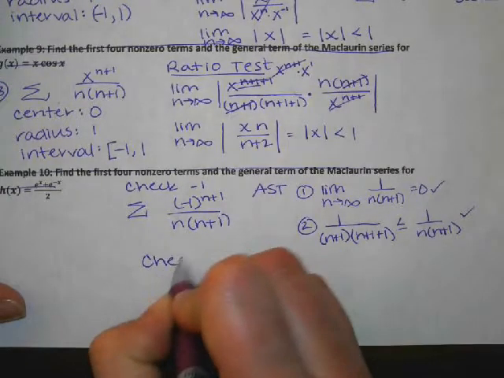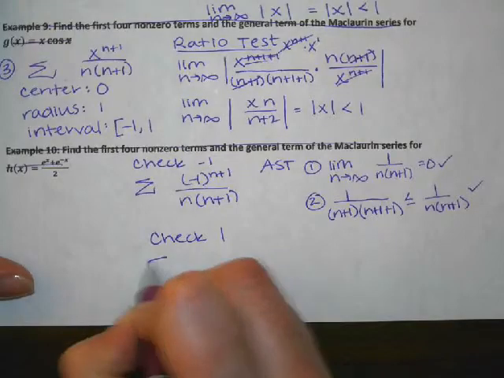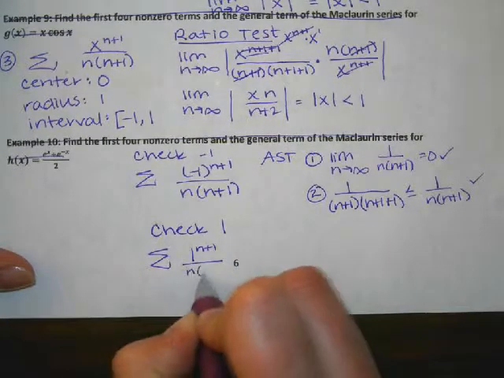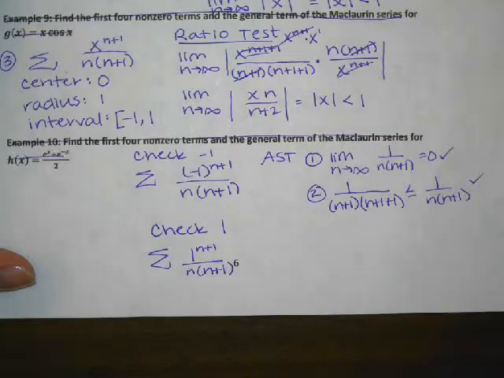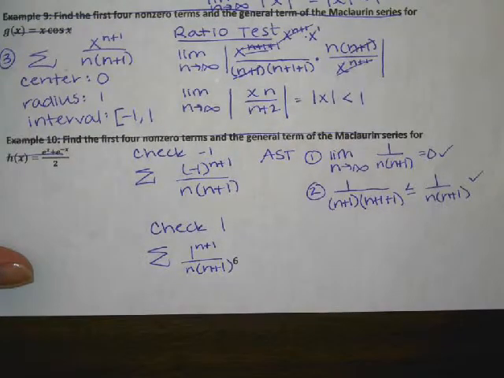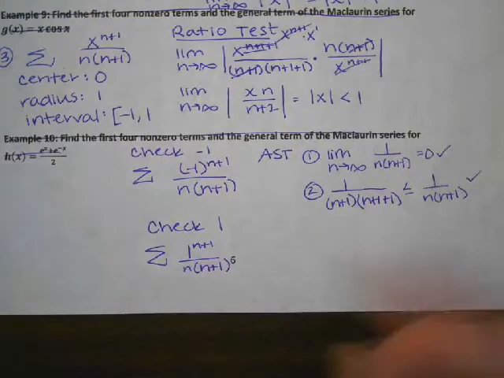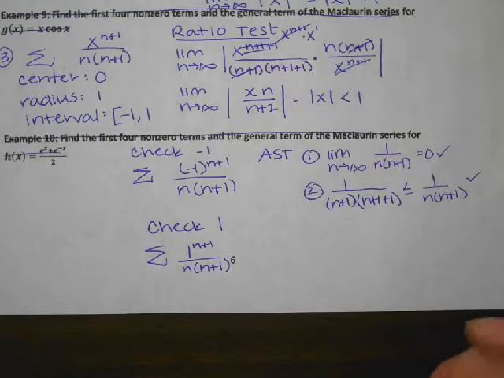And if we check +1, so 1 to the n plus 1 would be what? It's just always 1. So it's kind of like that part didn't even have an exponent there. What does the n times n plus 1 on the bottom make you think of?